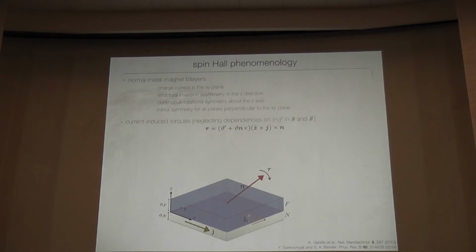This is what Hiro Sonoba in his tutorial talk wrote down, a couple of torque terms. The first term, which is proportional to theta prime, is what he called the non-dissipative or the field-like torque. And then there's another term which is proportional to theta, which is what he called the dissipative or the damping-like torque.